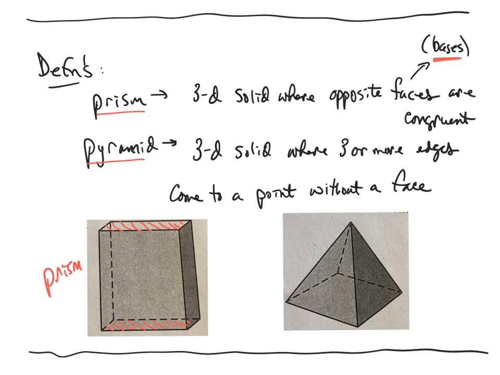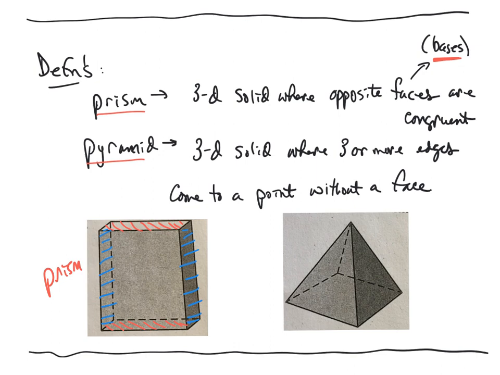Now, the neat thing about some shapes is you can actually call different pairs of faces the bases. In a box like this, you could have also called the left-hand side and the right-hand side the bases because they would have been congruent as well.